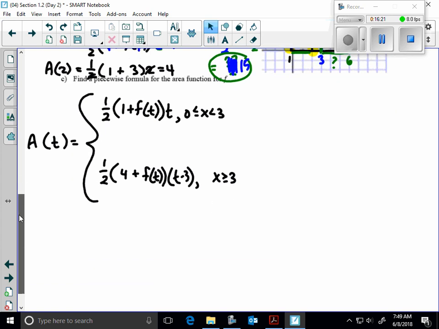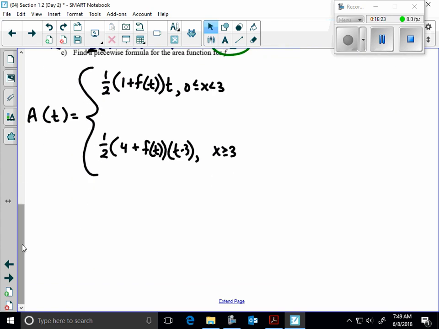Okay, so down here, let's look at a piecewise formula for the area function, right? So we determined that we're going to have a trapezoid for anywhere between 0 to 3 for our t value. Therefore, we took 1/2 base 1, here's base 1, times base 2, times the height, right? The height was the distance between 0 and wherever we're going to, basically traveling along the x-axis.